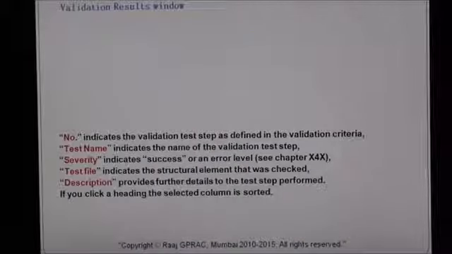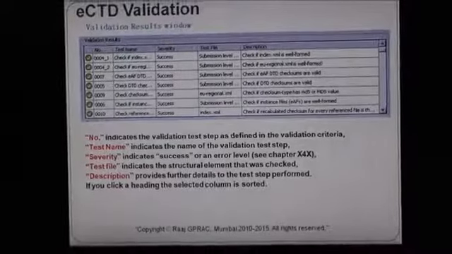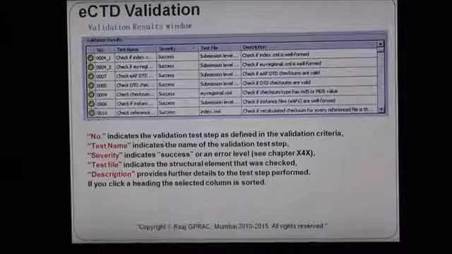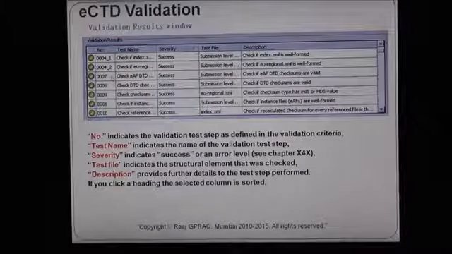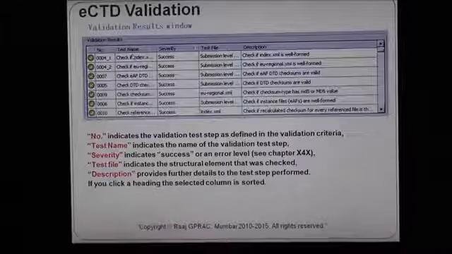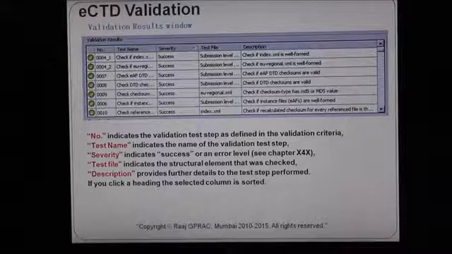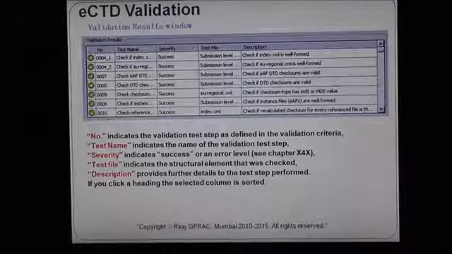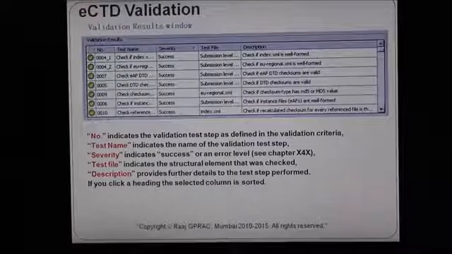So mainly the validation results window shows like this: the number which indicates the validation test step as defined in the validation criteria. Then the test name indicates the name of the validation test step. Then severity indicates an error level, see chapter 4.